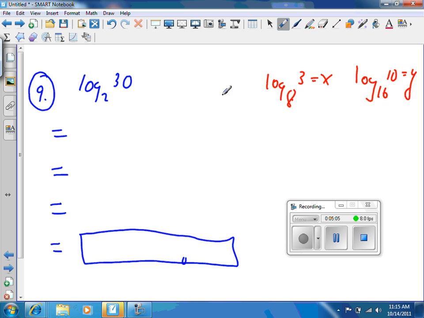So for this question, here's my approach again. I'm going to just summarize this. You're going to take this expression, and step by step rewrite it using the log laws and only the log laws. Don't make up your own. And I'm allowed to, at any given time, substitute these in. Now, this is not going to help me like this, but I could take this one and rewrite it.